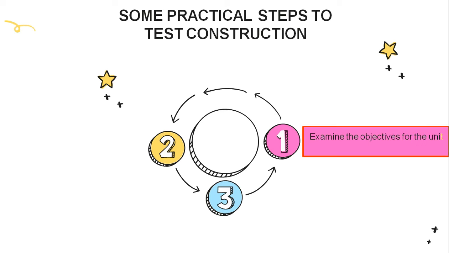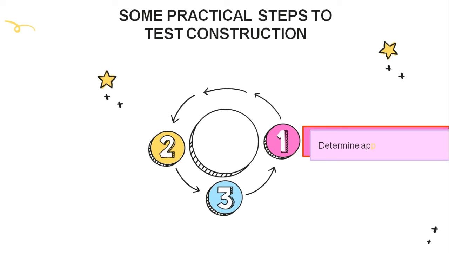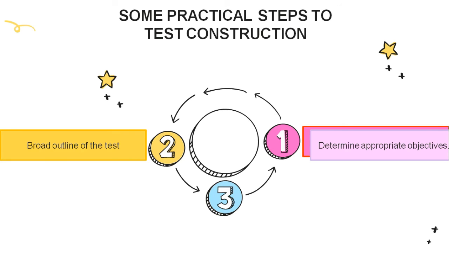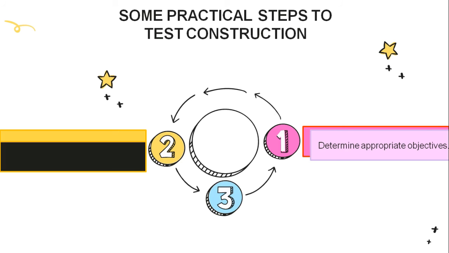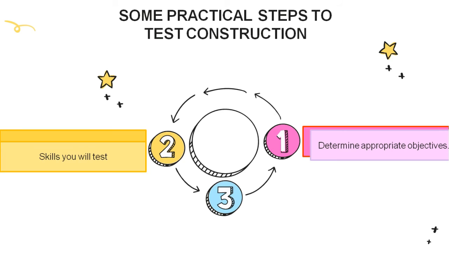Then, determine appropriate objectives. After that, you need to draw up test specifications. So, you need to make a broad outline of the task, then decide what skills you will test, and then what the items will look like.